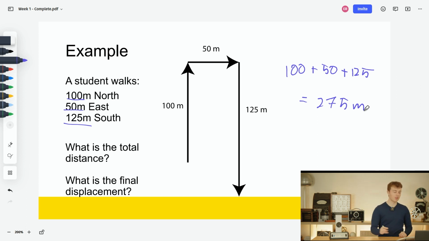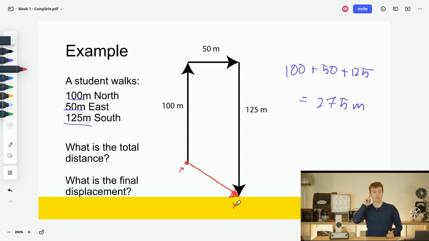The displacement, on the other hand, we're looking for this vector that went from where we started to where we ended. We'll need to know its magnitude, and we'll need to know its direction. Now, what we could do is add all 3 of these vectors up, graphically or via components. We learned how to do those in the last few videos.